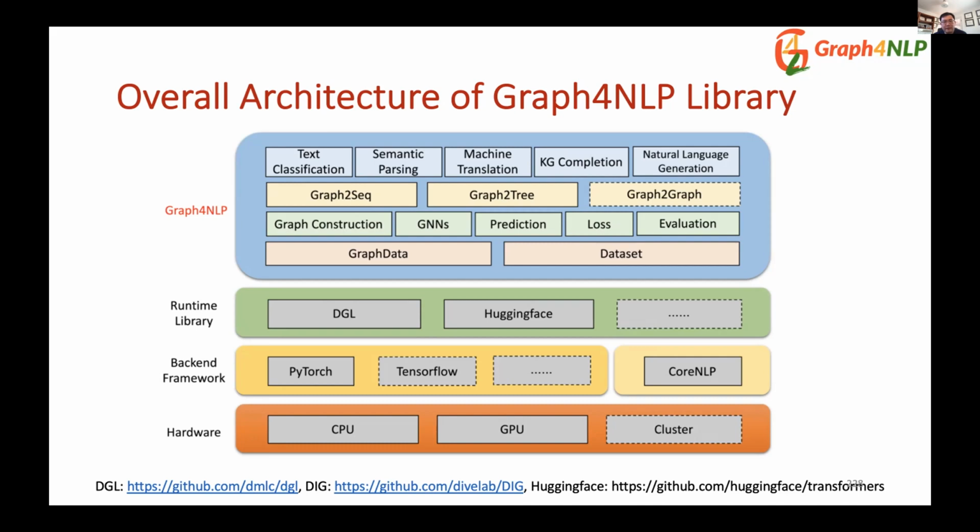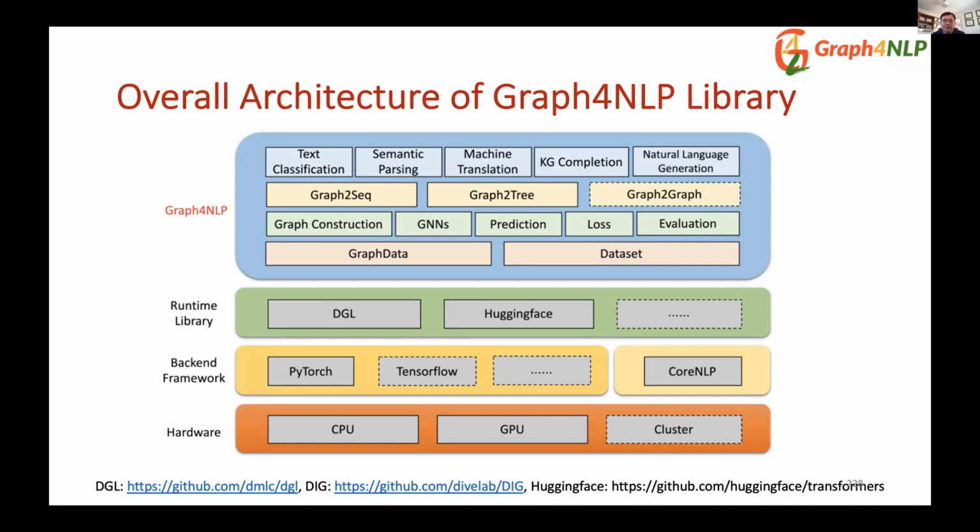We have 4 different layers. The first layer is the fundamental data part for graph data and datasets. Then in the second layer, we have 5 different modules, kind of like low-level APIs: the graph construction module, GNN module, prediction module, loss module, and the evaluation module.